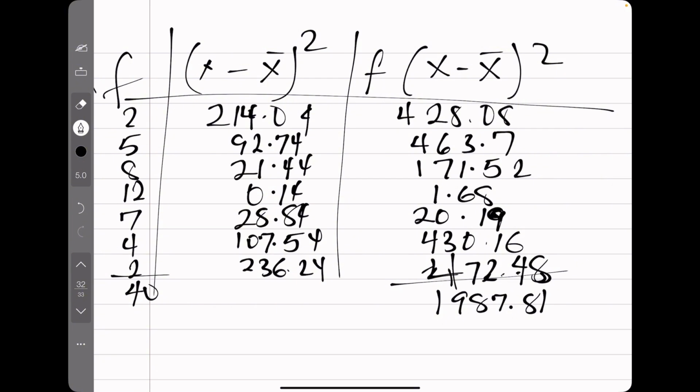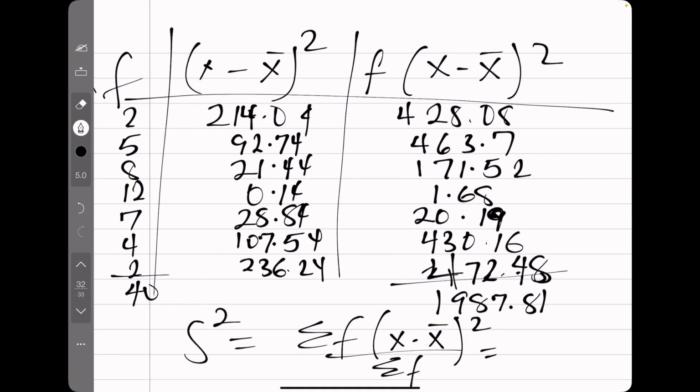And to have our variance, summation f x minus x bar square over summation f, which is 1987.81 divided by 40, is equal to 49.70. That is the value of our variance.